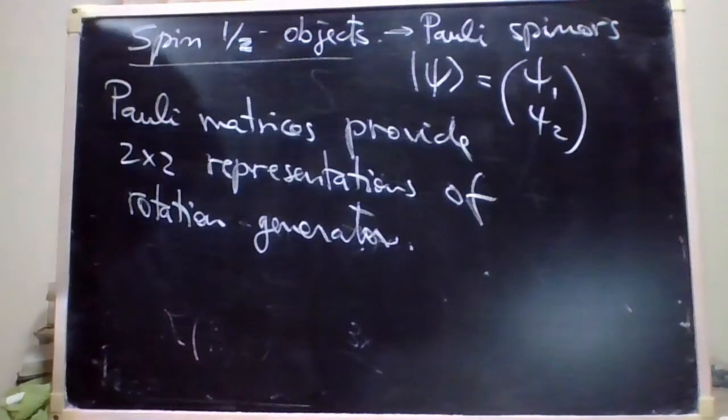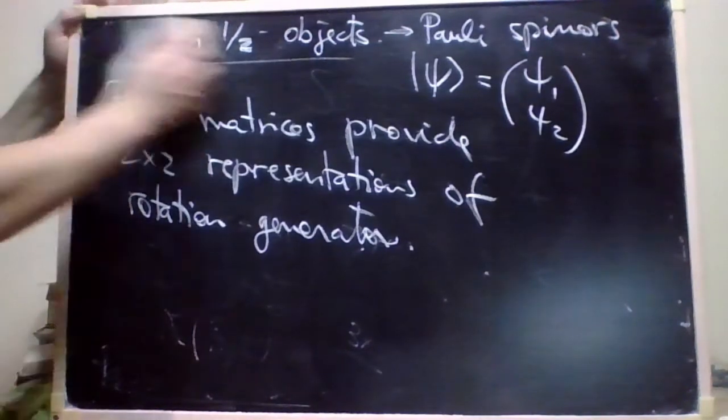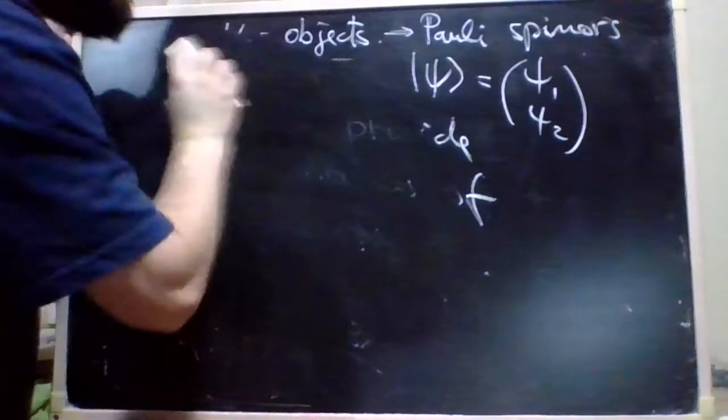Well, let me prove that by a simple example here. In chapter 2 of Sakurai, there is an exercise. You are asked to find out the relation of this thing here, in exponential of i n dot some Pauli matrices.